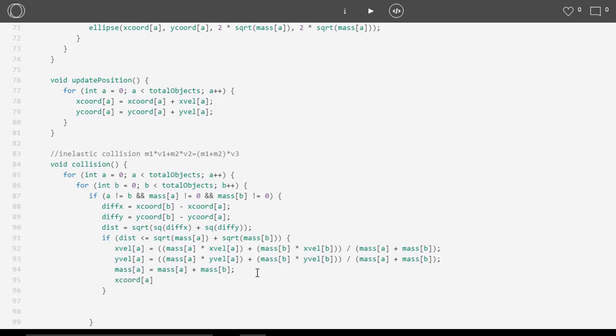So this is going to be the mass of A times the x-coordinate of A plus the mass of B times the x-coordinate of B. So basically weighting these based on the mass, all divided by the mass of A plus the mass of B. Same thing with Y. Otherwise, basically one of the object B would disappear for no reason, and so I'd rather make them look like they actually combine together.